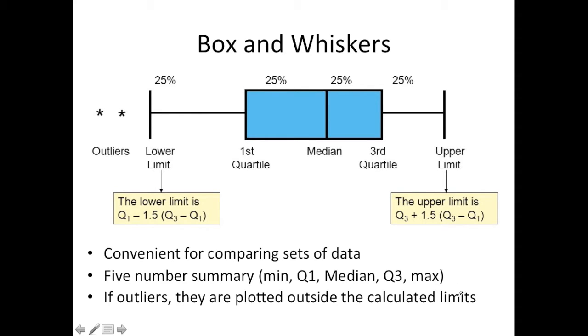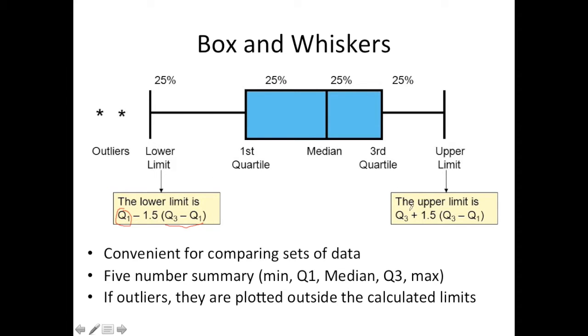How do we find the calculated limits? Remember that if we take Q1 and subtract 1.5 times the interquartile range, this right here, guys, represents the interquartile range, okay? So if I multiply the interquartile range times 1.5 and I subtract from Q1, that would be the lower limit.